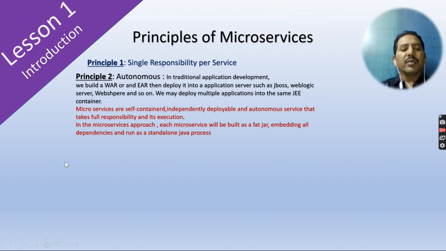That is the reason microservices are self-contained, independently deployable, autonomous services that take full responsibility for execution. In the microservices approach, each microservice is built as a fat jar, embedding all the dependencies, and run as a standalone Java process. So the beauty of microservices is that we can run a microservice like a standalone Java process.